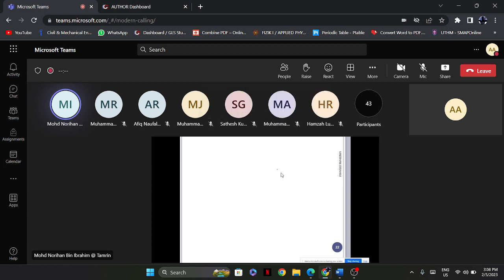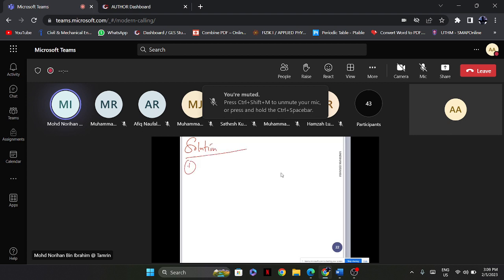So solutions, example 1. So the first step is you need to draw the free body diagram. Okay, draw the free body diagram.